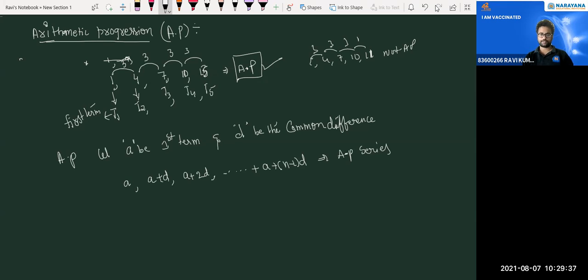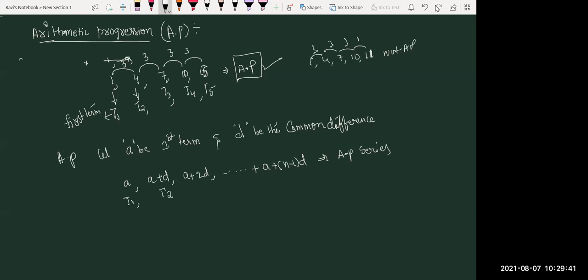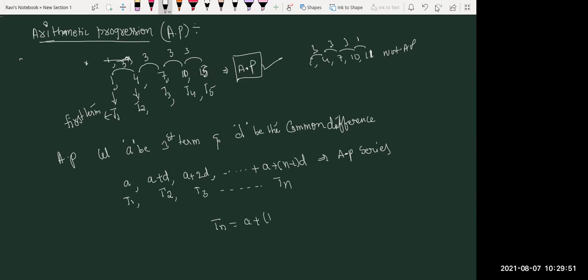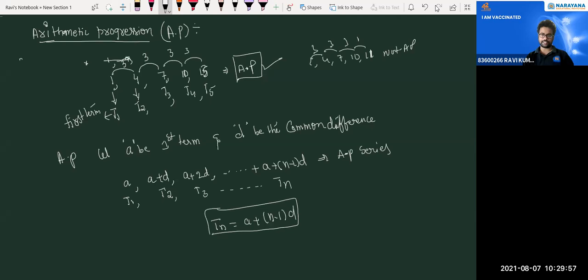What is the first term here? a. Second term? a plus d. Third term, a plus 2d. What's the nth term here? a plus (n minus 1) into d. You have studied this also in 10th standard.